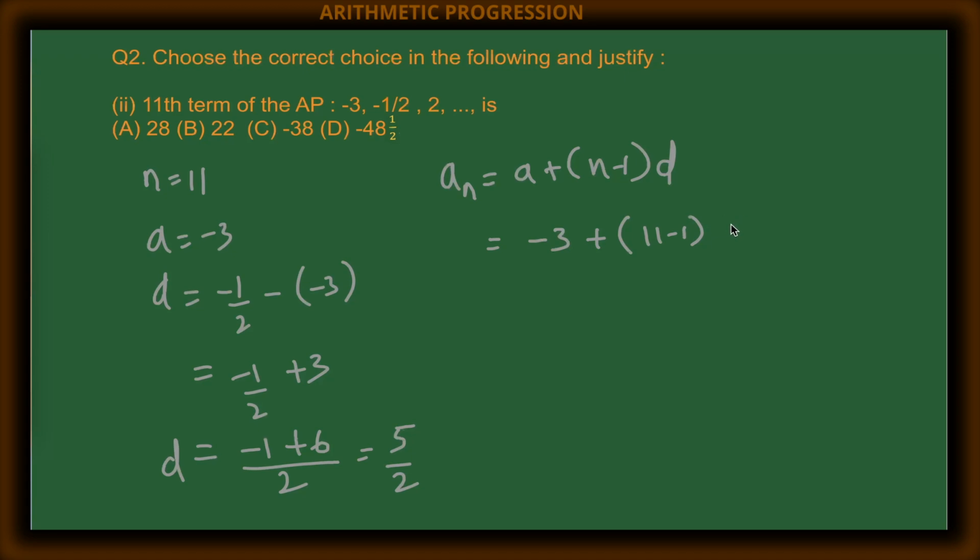Yes, d is given, 5 by 2. So let's solve it. Minus 3 plus 10, 5 by 2. Minus 3 plus, there is no minus here, plus sign, 5 5s are 25. Okay, so what does it become?